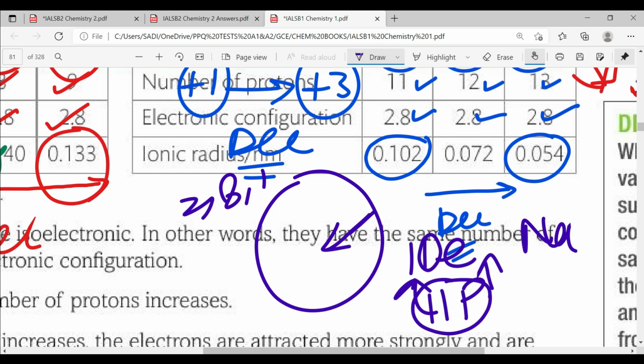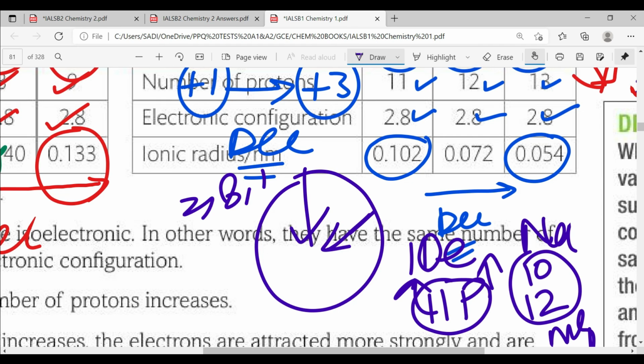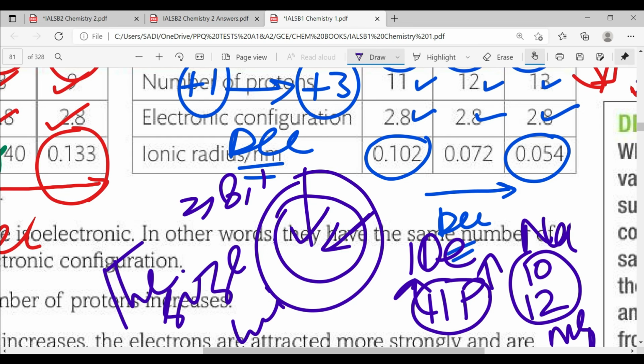So if the same 12 protons are now there and now 10 electrons are there, that's for magnesium now with 2+ charge. So the force of attraction is much more. And so on, this will increase. When force of attraction is more, then the size will shrink. It will shrink, okay?